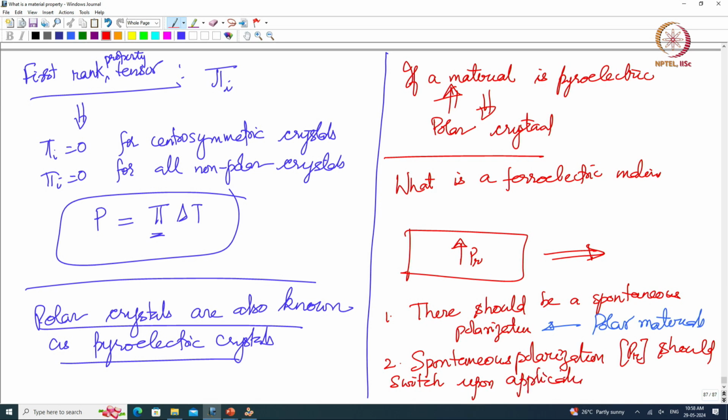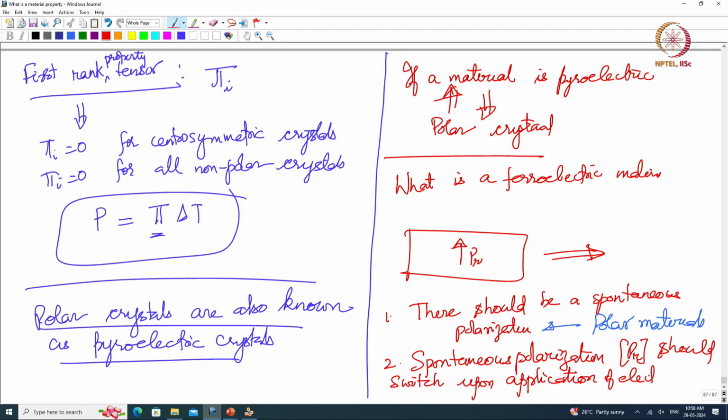Now, this has nothing to do with crystal symmetry anymore. Now I am using some other switching property which is electrostatic in nature. There is a polarization up, just like a magnet, upon application of electric field. So, I take this, I apply an electric field, I should make this a down switched polarization.